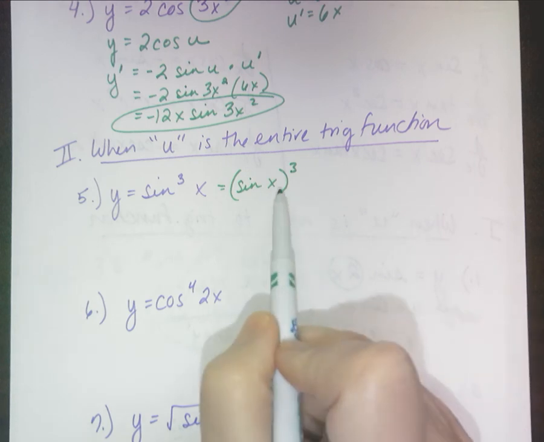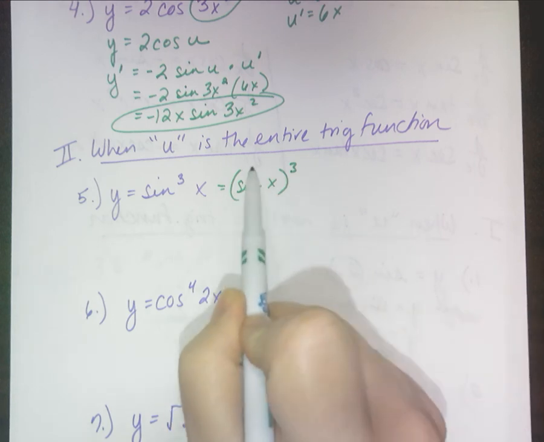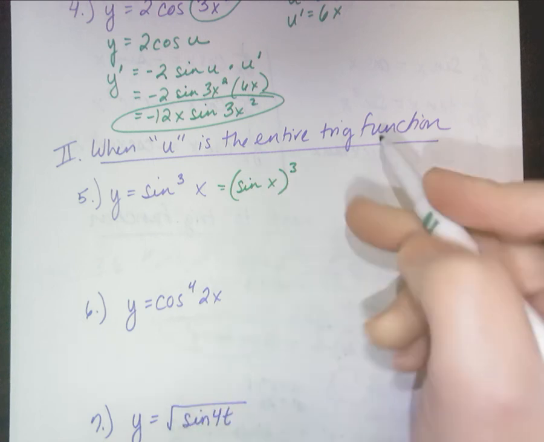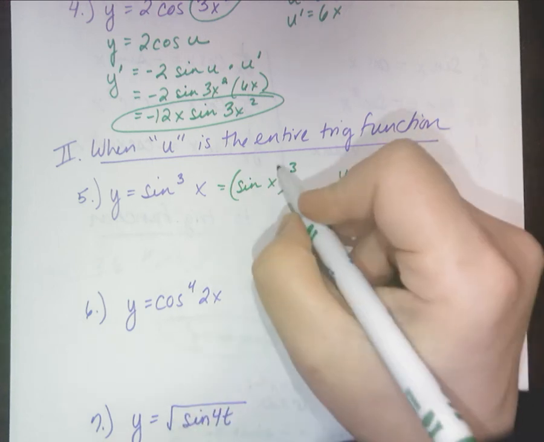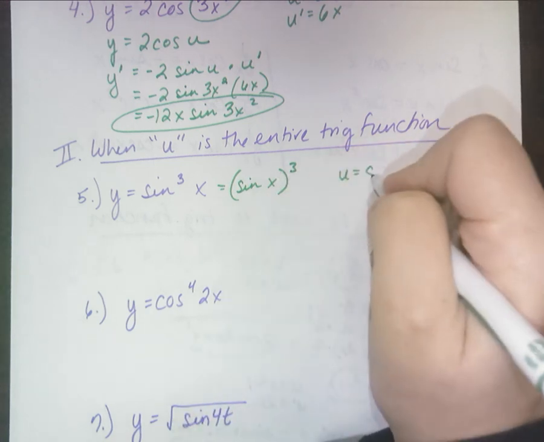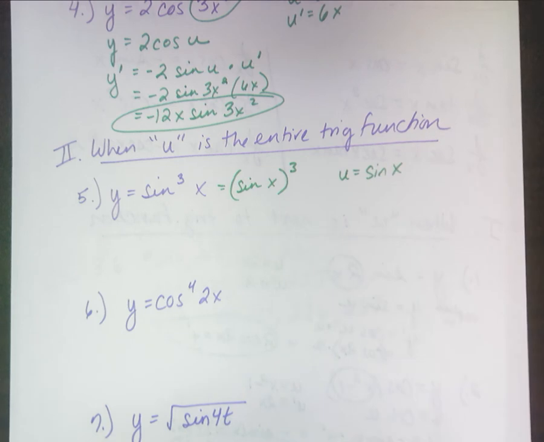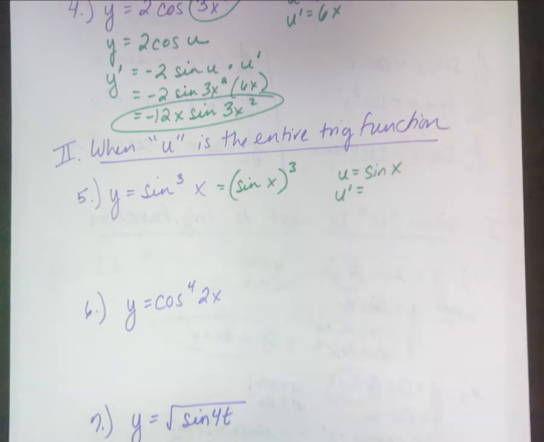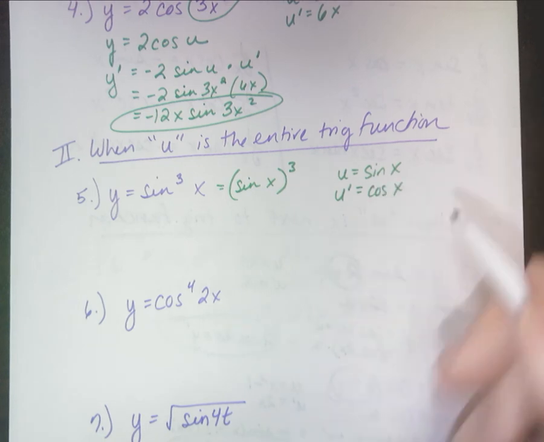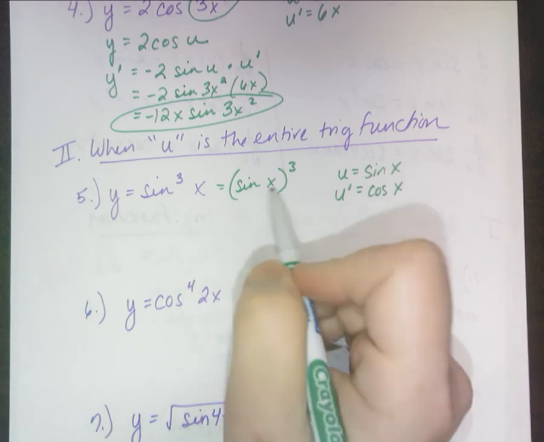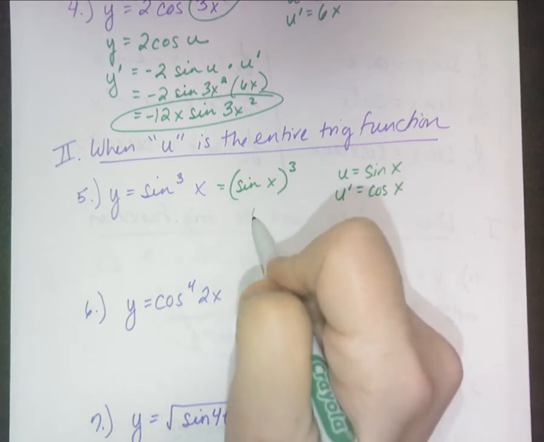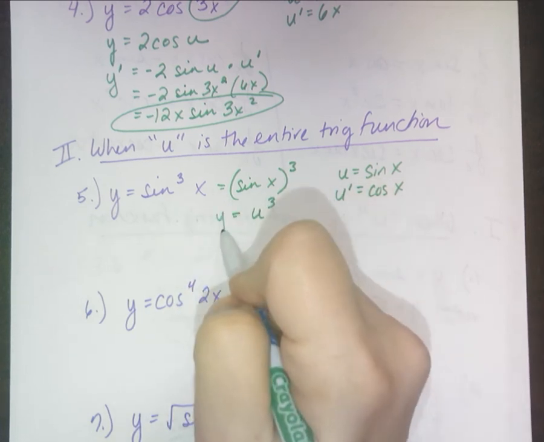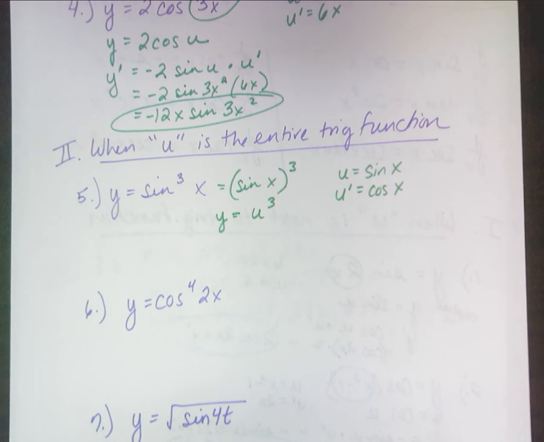So again, this inside the parentheses is your u. So your u is the entire trig function, sine x. Your chain then would be the derivative of sine x, which is cosine x. So now, when I go to rewrite this with my u substitution, this is actually just u cubed. y is u cubed.